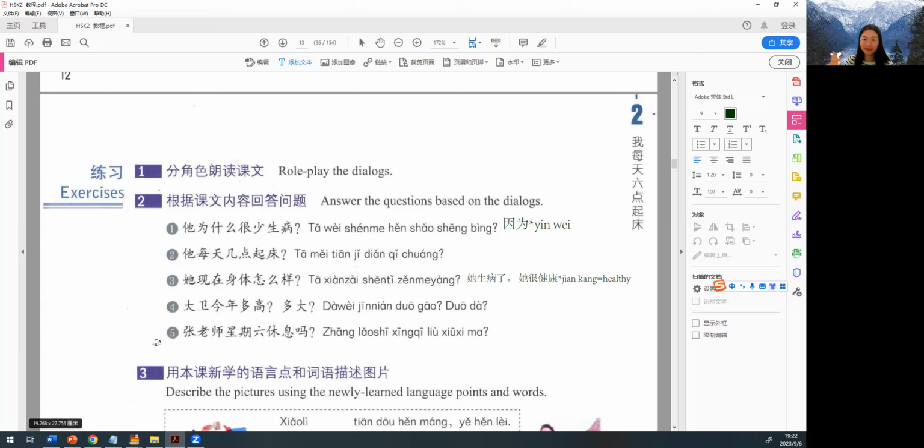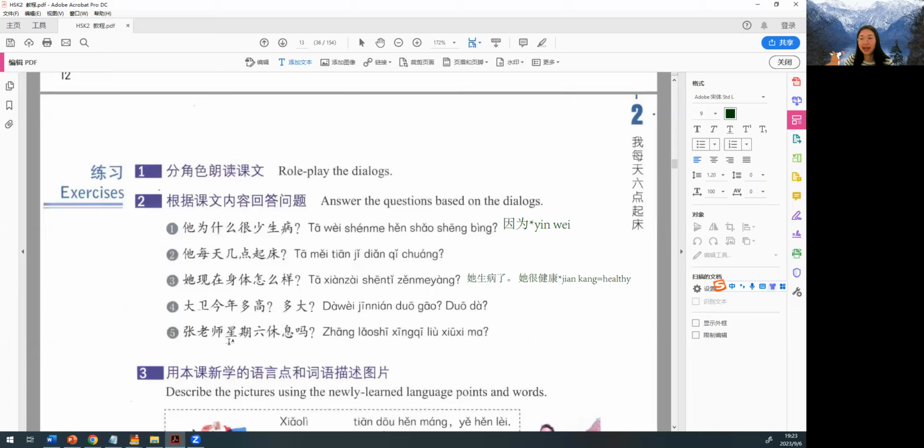And then question number 5. 张老师星期六休息吗？What is this question? It's a yes or no question, right? So we can say yes, Mr. Zhang will take a rest on Saturday, or no, he doesn't.